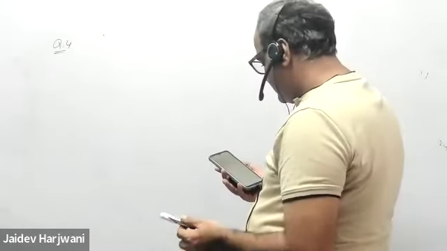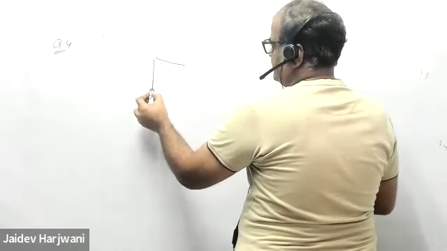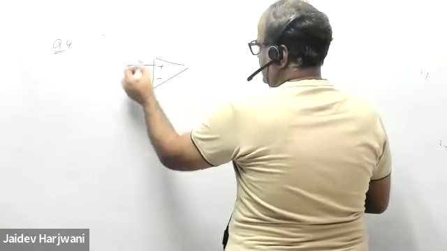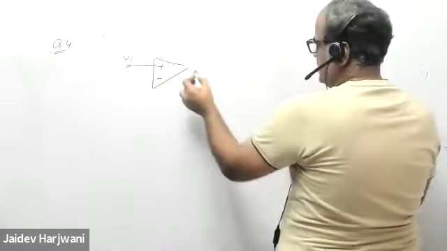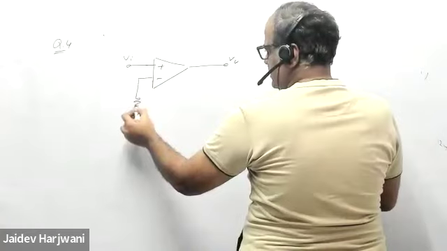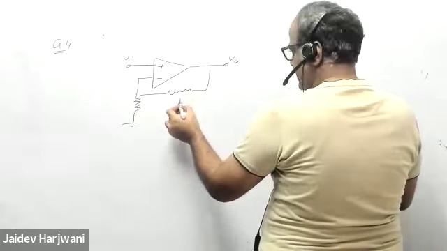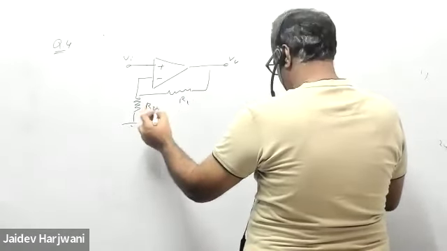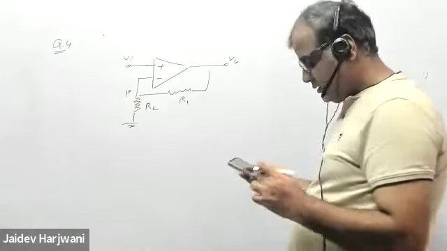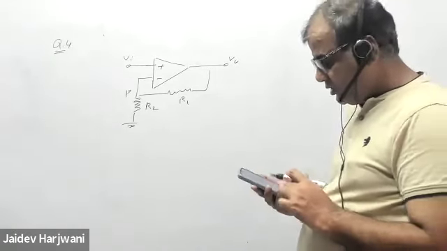Okay, you have an op amp with V input here, V naught, and R1, R2, and point P. Tell me what the things are here.